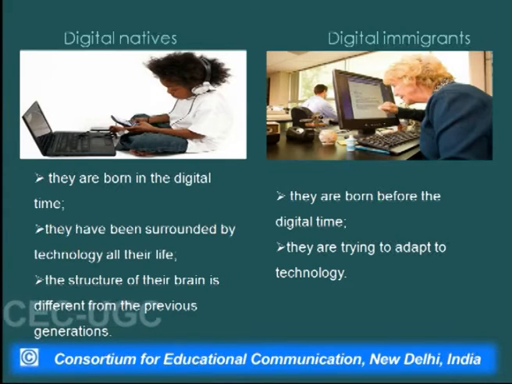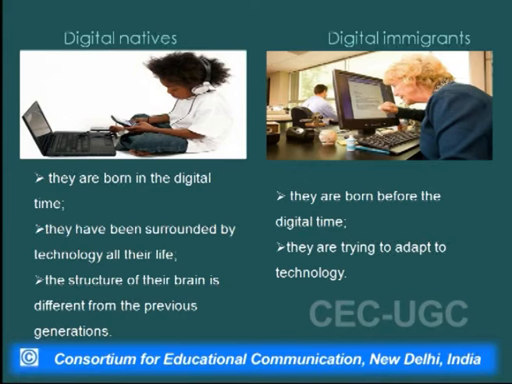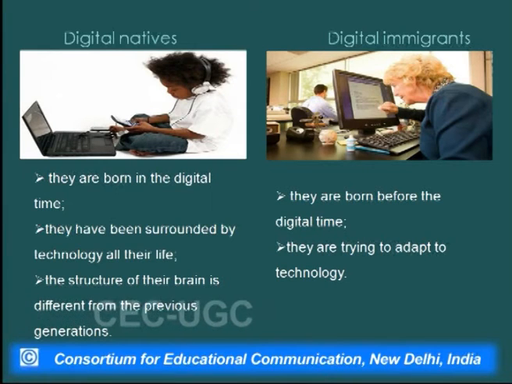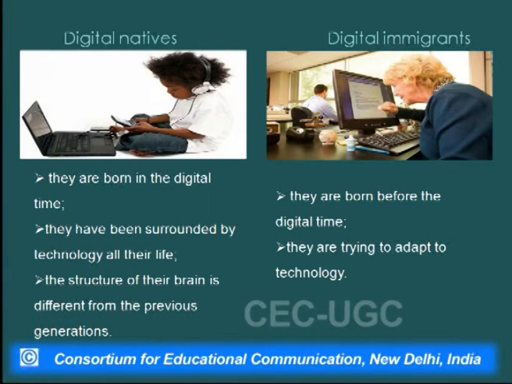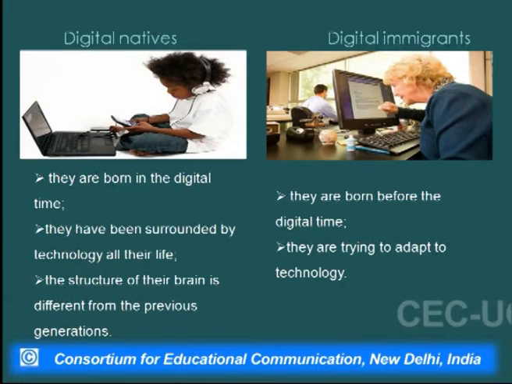It could be a smartphone, a tablet, an iPad or any kind of electronic device. It does not mean that they don't know, but they are trying to adopt the technology, because when they were born, the technology was not available.